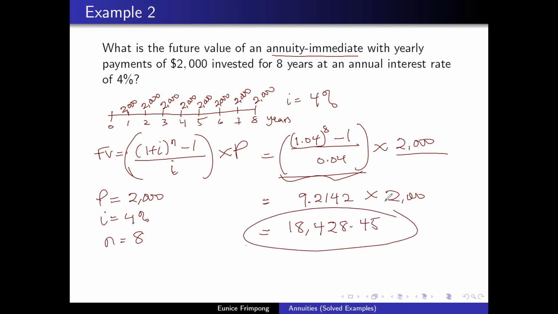So the future value of paying 2,000 at the end of every year for the next 8 years is 18,428. So if you deposit 2,000 every year into a fund, by the time you reach year 8, this will be the total value of the fund, given that the interest involved is 4%.